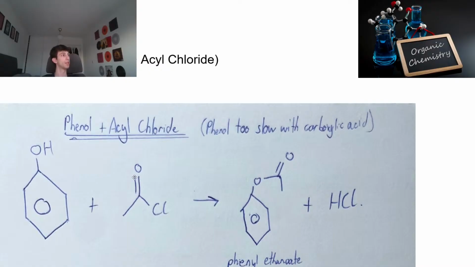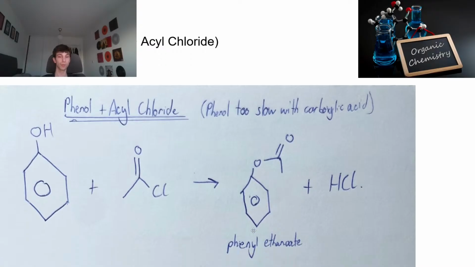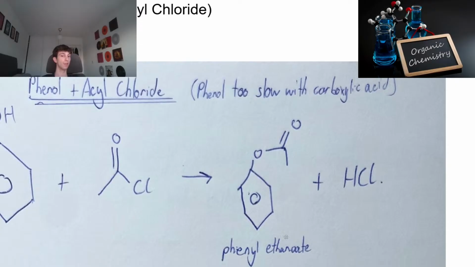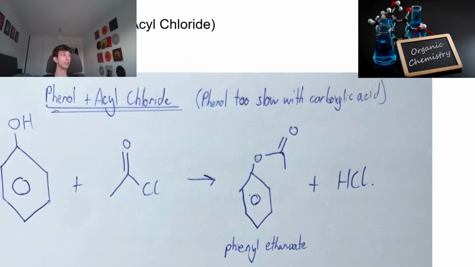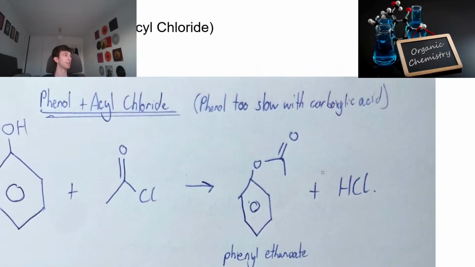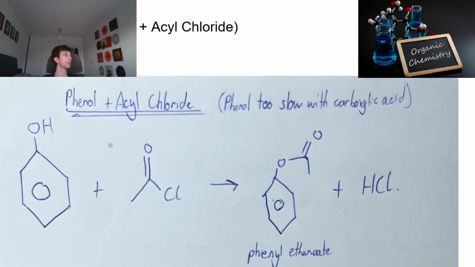So we have phenol plus an acyl chloride goes to phenyl ethanoate. Why, guys, is it phenyl ethanoate? Because the oxygen that is single bonded to the carbon has our benzene or phenyl group. 1, 2, 2 carbons, ethanoate, plus HCl. Why? Because what are we losing? We're losing this hydrogen from the phenol and we're losing this chlorine from our acyl chloride.